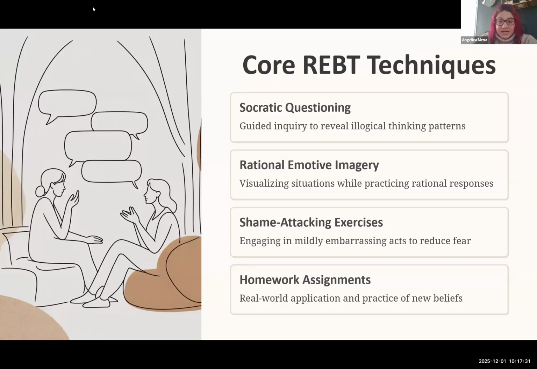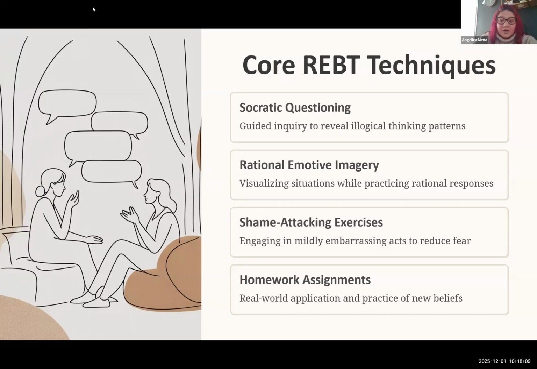Or, if you're questioning the evidence, what might be an alternative thought that you could have in this situation, like maybe he's asleep, from the vignette of the girl who texts her boyfriend, right? So you're asking lots of questions in this model, and the objective of these questions is to uncover that faulty, irrational thinking.